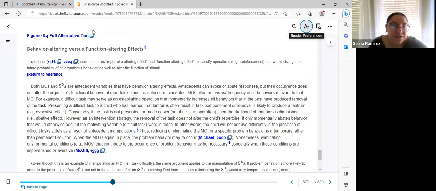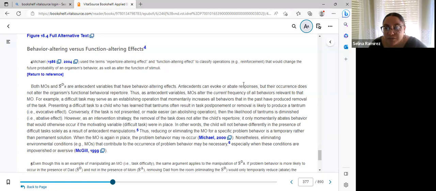Okay, behavior altering versus function altering effects. Michael used the terms repertoire altering effect and function altering effect to classify operations, for example reinforcement, that change the future probability of an organism's behavior, as well as alter the function of stimuli. Both MOs and SDs are antecedent variables that have behavior altering effects.